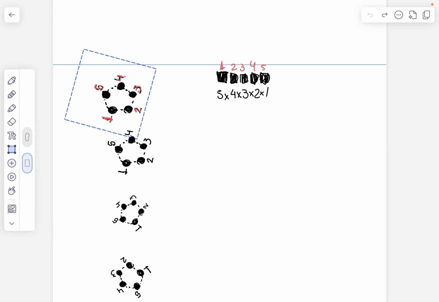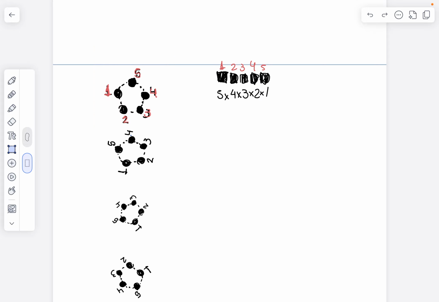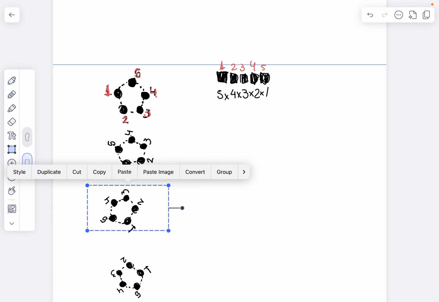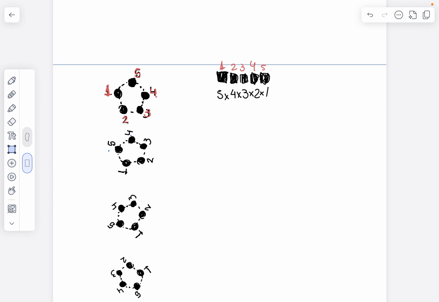Or you could give 2 steps left, okay? And 2 steps left would mean that 5 goes one further to the left.